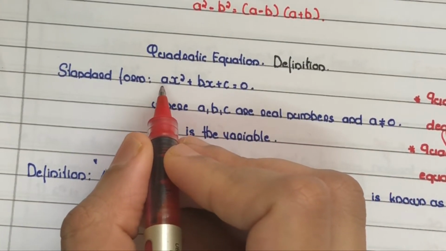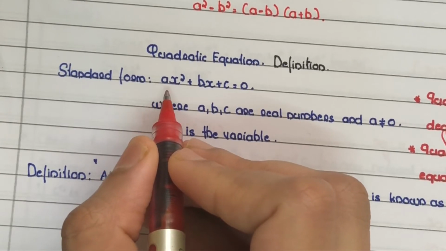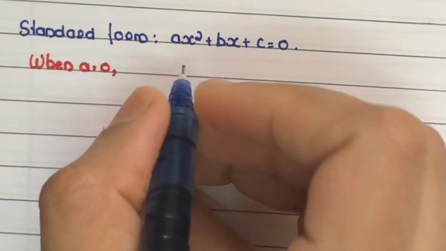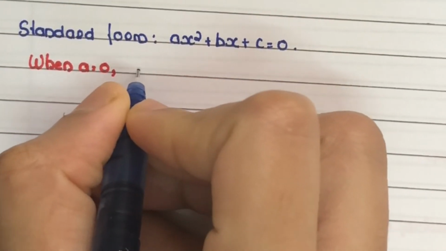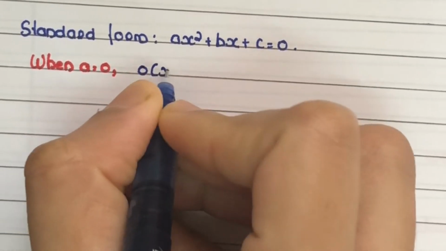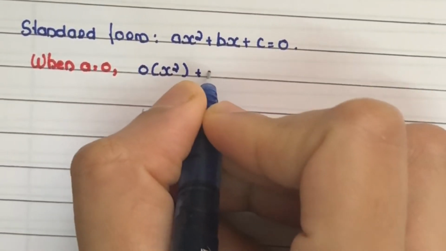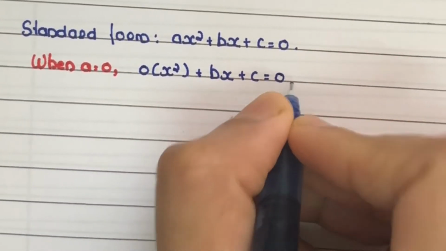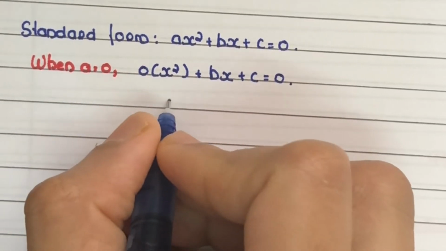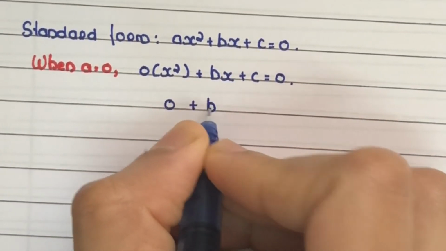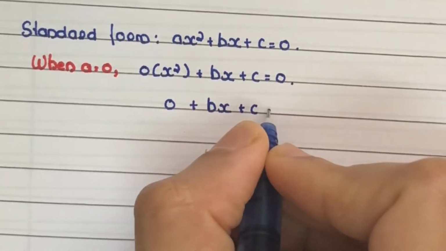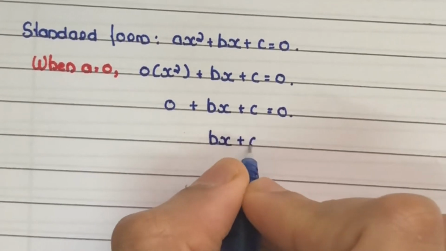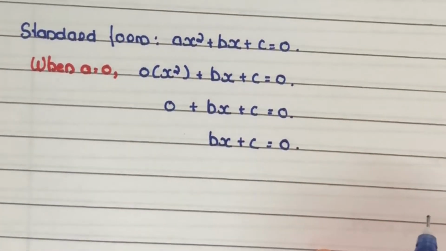Substitute a = 0 in the standard equation: 0 into x² + bx + c = 0. 0 into x² is 0, so we get bx + c = 0.